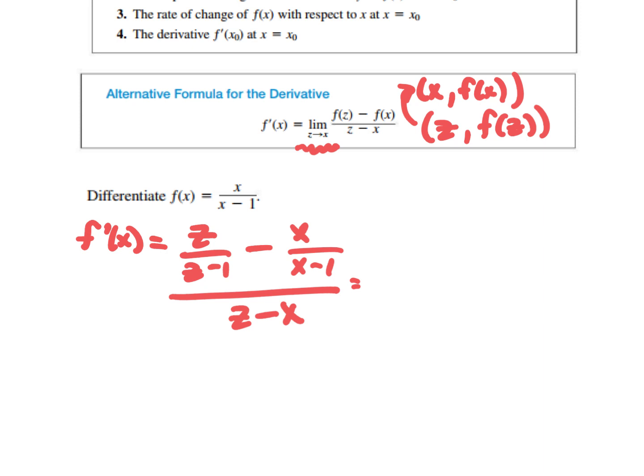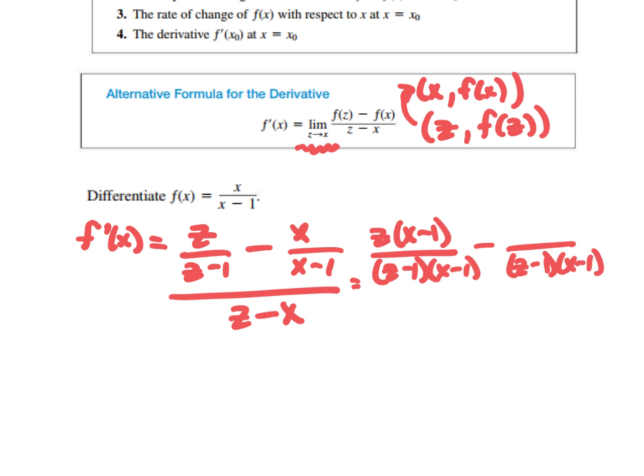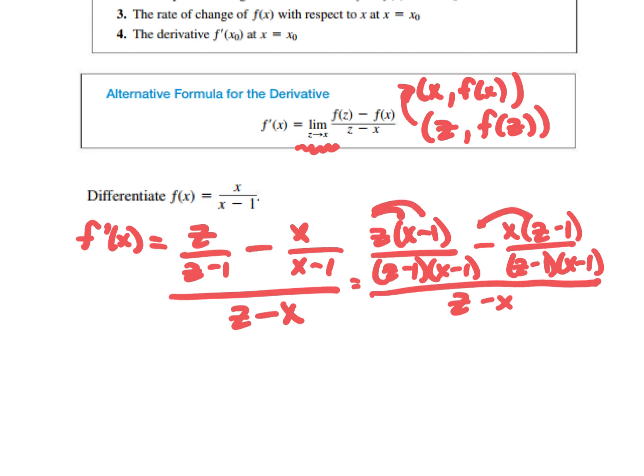You would need to get a common denominator, so my common denominator would have to have both the x minus 1 as well as the z minus 1. So you do your little maneuver of getting common denominators. You would go ahead and distribute on the numerator, making sure that you distribute your negative in the second fraction.